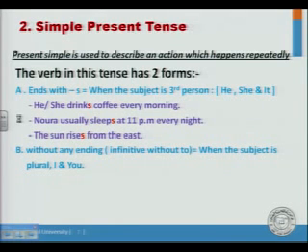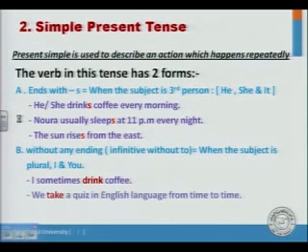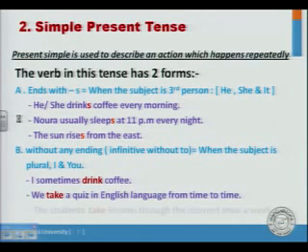To answer the question of when to use the verb without any ending: when the subject is plural, I, you, they, we, the boys, the girls, the students. So when the subject is plural, we don't add s or ing or anything else if the verb is in simple present. Here are a few examples to help you.